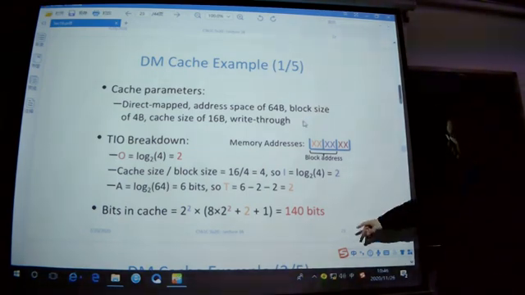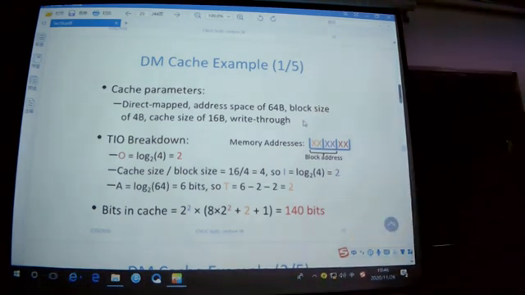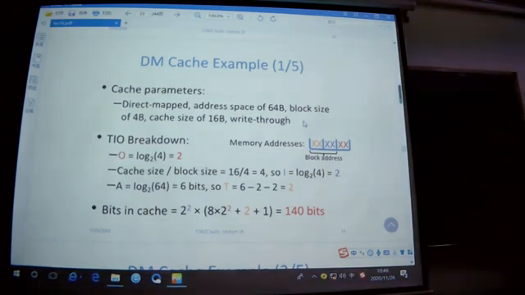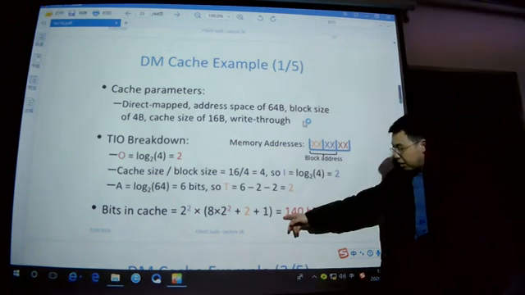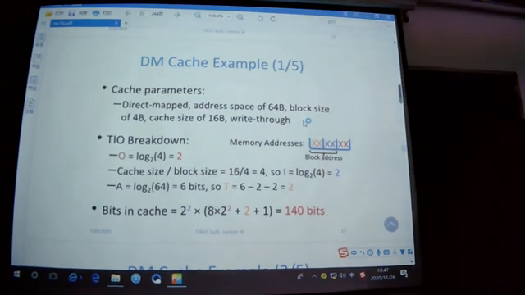We can see this is one example to calculate the cache size and the block size and the bits in cache. So we can find 140 bits is the result. This is the example.